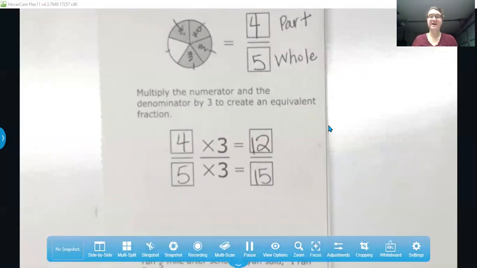You can have so many equivalent fractions because as long as you multiply the numerator and the denominator by the same thing, it is still equivalent. I could multiply the numerator times 368. As long as I multiply the denominator by 368, I have an equivalent fraction.